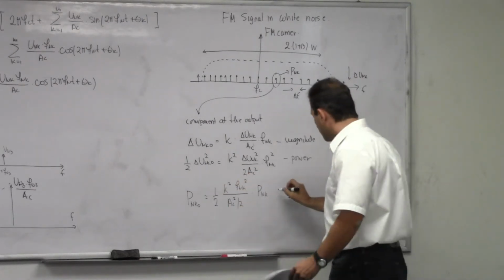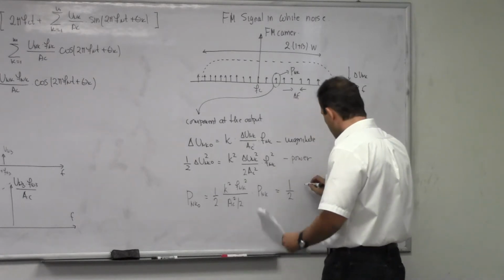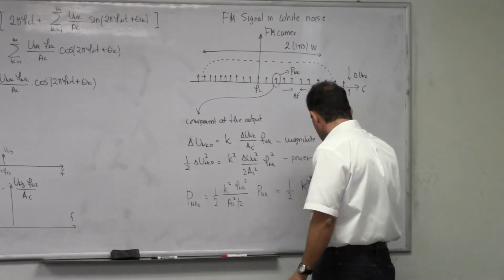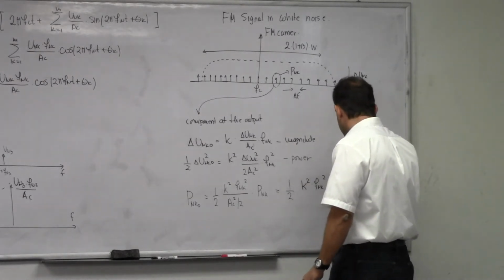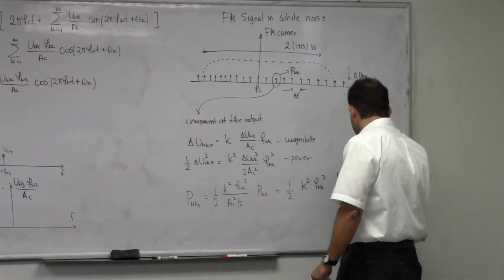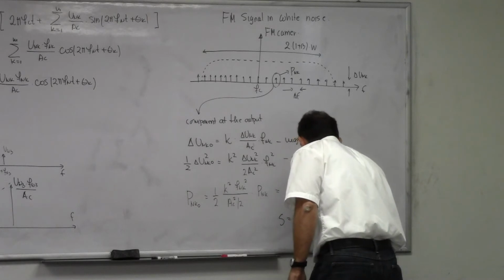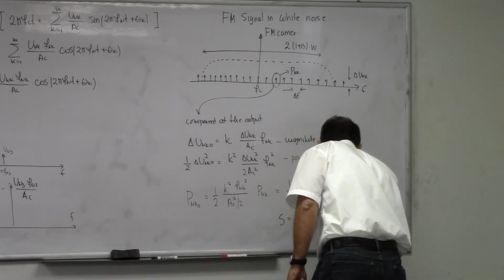I'm going to write this scaling factor as 1/2 K squared times F and K squared, and then I'll write this as P and K divided by S, where S is going to be AC squared over 2. And that's my power of the carrier.